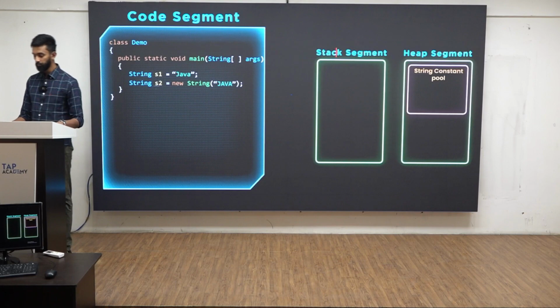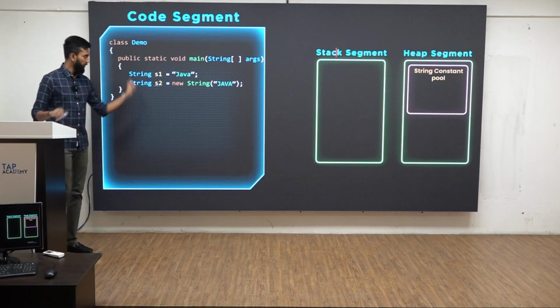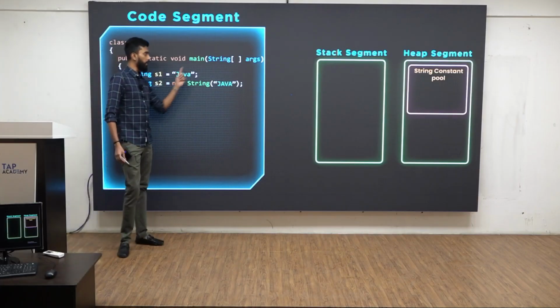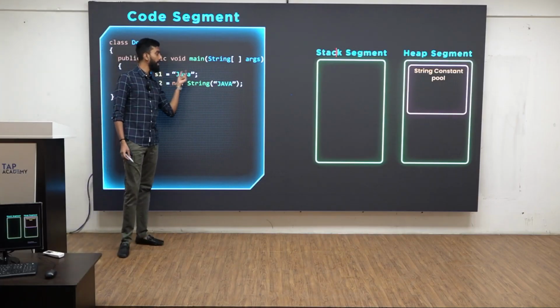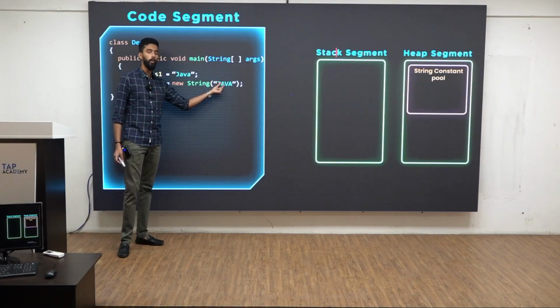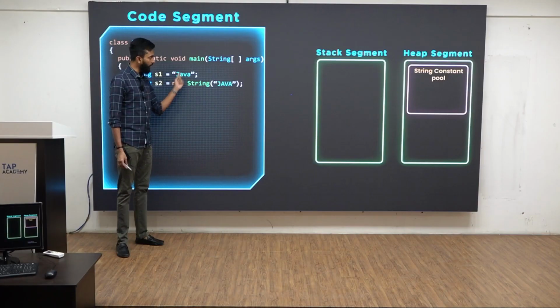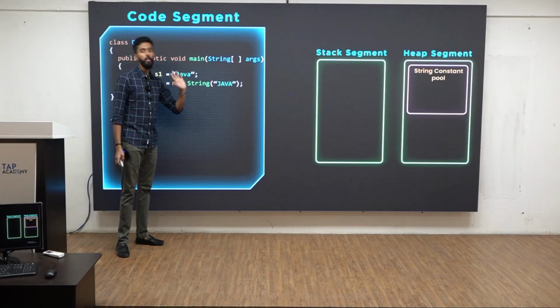Yes. Tell me, if I compare references, equal or unequal? Unequal. Very good. If I compare values using the equals method, equal or unequal? Unequal. If I compare using the equalsIgnoreCase method?